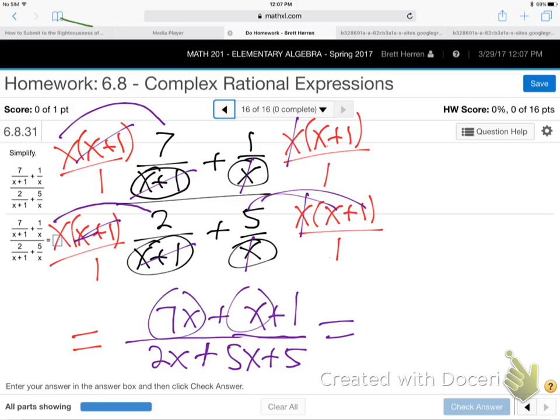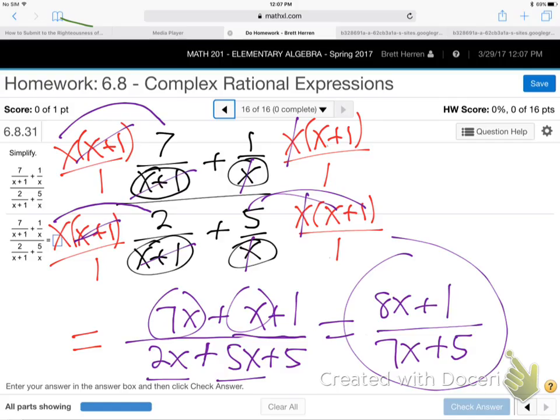Seven x and x is 8x on the top. Good so far. On the bottom, 2x and 5x, 7x. And there we go.